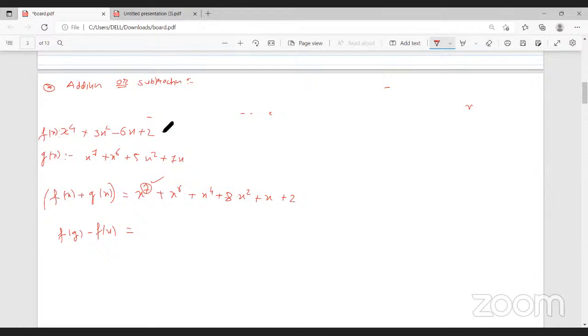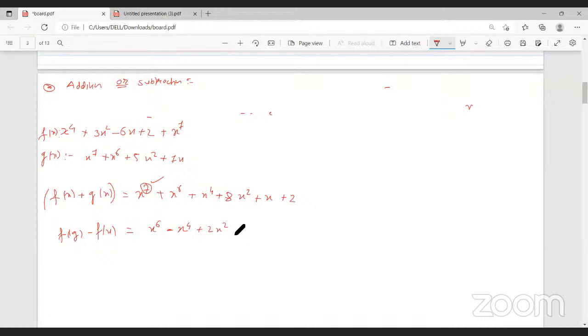Yes, so I am adding here one more term, that is x to the power 7. Now tell me. x to the power 7 will cancel out, so it is not going to be there. Now x to the power 6 plus 2x square, minus x to the power 4. Minus x to the power 4, 5x square minus 3x square, plus 2x square.